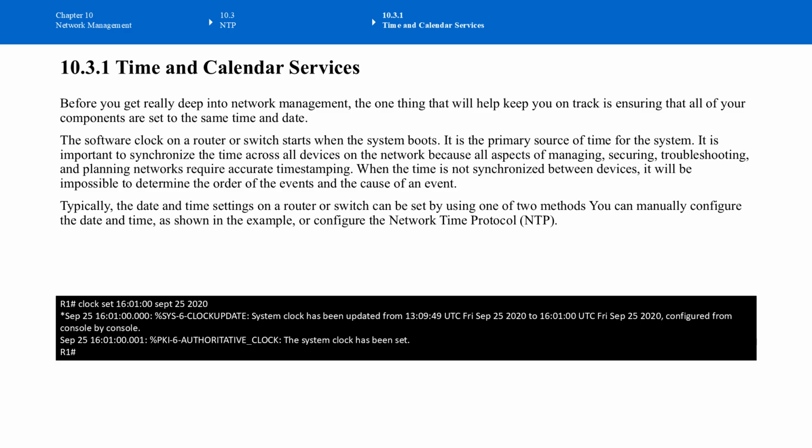In this example, the time is 16:01:00, which is 1 minute after 4 p.m. on September 25th, 2020. And after you enter this command, the new time, date, and year have been set.